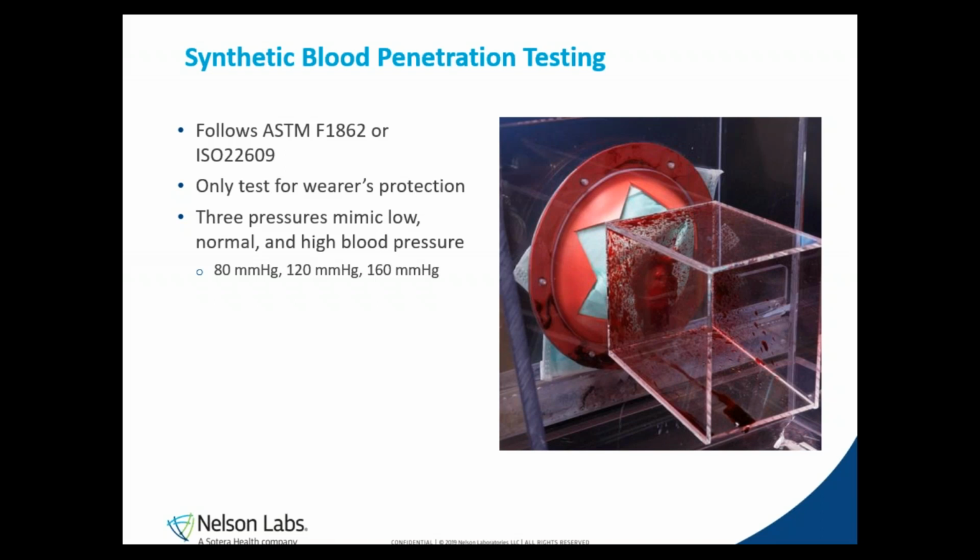This is something that could potentially happen in an operating room, and we want to make sure that the physicians and the operating room staff are protected. The 3 pressures that are available for this testing mimic low, normal, and high blood pressure, and the way a spurt would hit the face or the mask of a wearer in this case.